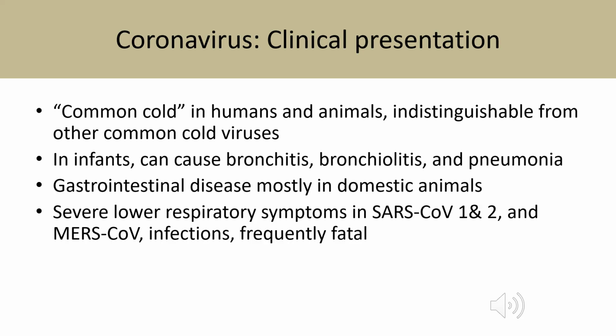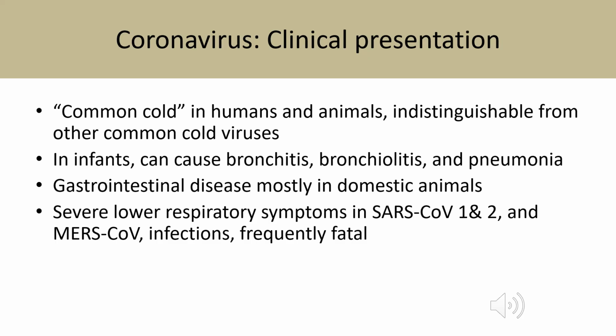The clinical presentation of most coronaviruses is usually, as I mentioned, that of the common cold in humans and in most other mammals. In infants, it can be a little bit more severe, causing bronchitis or bronchiolitis and sometimes pneumonia.